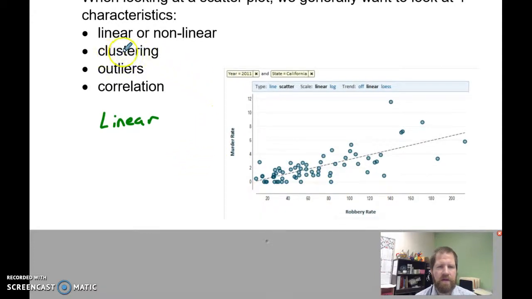All right, if I'm looking for clustering, I would say, yeah, there's definitely some clustering in here, probably at around a robbery rate of 20, murder rate of 0, robbery rate of 30, murder rate of 0 and 1. Okay, so I'd identify my clustering as being in there. So I'd say there is clustering.